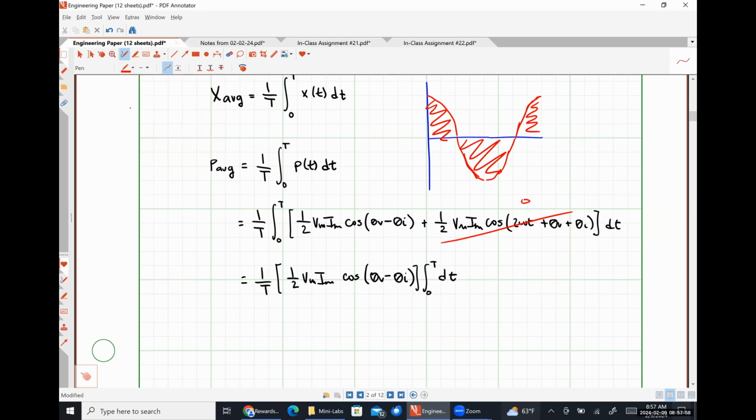Well, it should be pretty darn obvious that this integral and this 1 over T just cancel each other out, leaving us with an average power of the exact representation that we were able to see just by looking at the graph and interpreting it well.